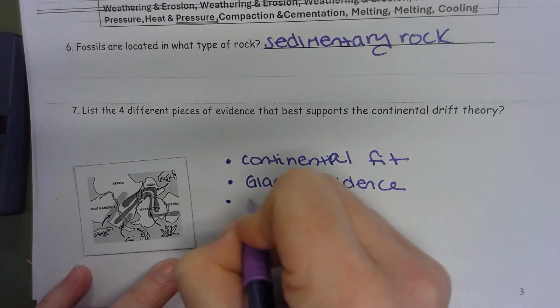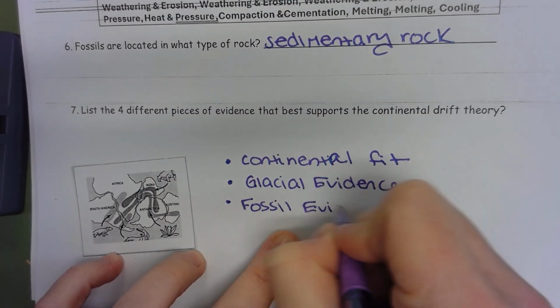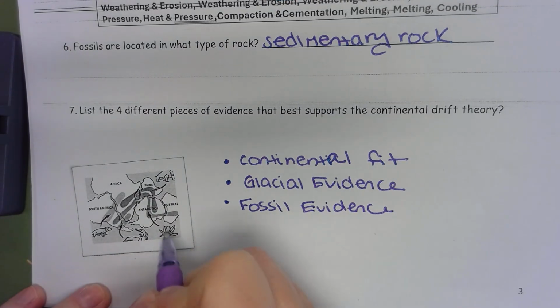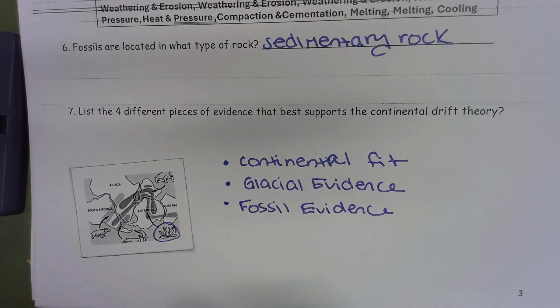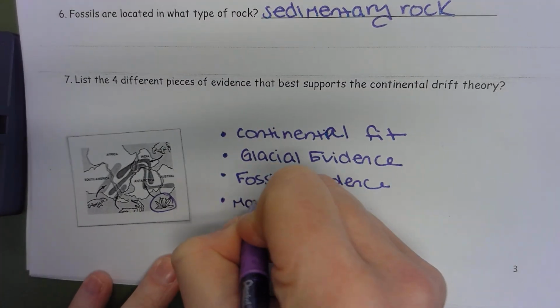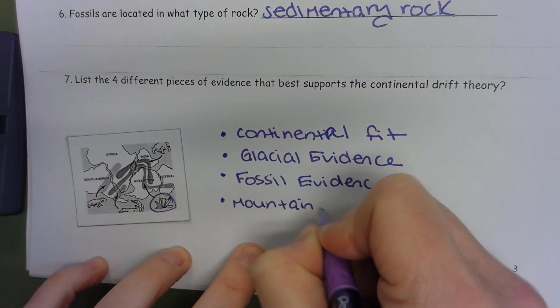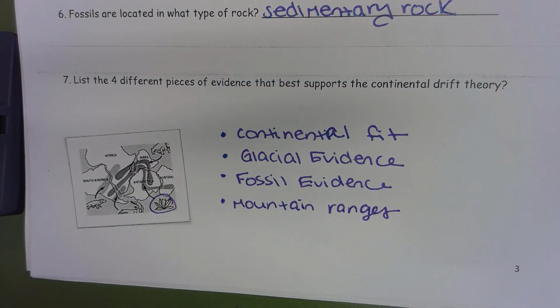We have fossil evidence. Things like Glossopteris can be found on all 7 continents, even though it's a tropical fern, because at some point all the continents had to be tropical. And then mountain ranges. The Appalachian Mountains are a part of another mountain system that is found in Europe, the oldest mountains in the world.